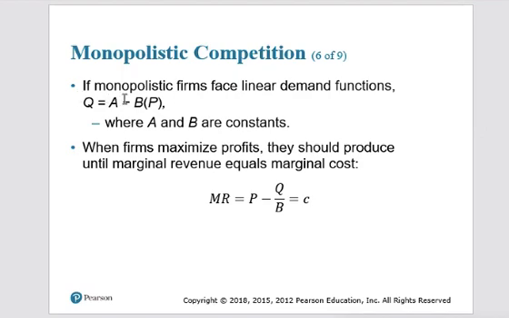P equals a function of Q. And then we find a revenue equation, where we multiply P by Q. That's the total revenue, right? And then we differentiate revenue with respect to Q, and we get the marginal revenue equation, which is here, right?